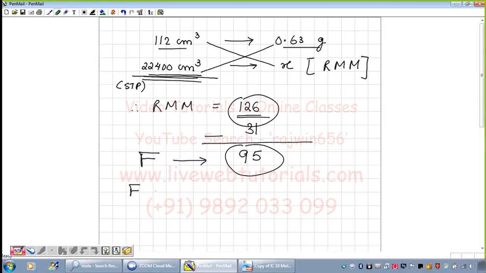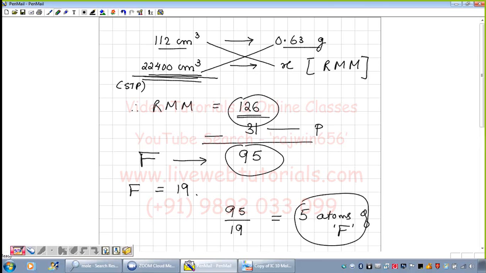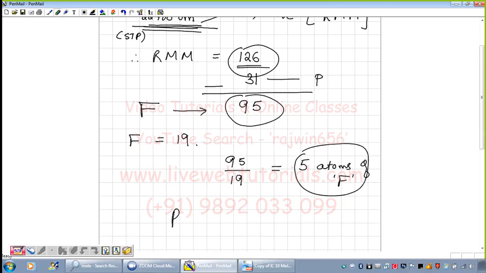Fluorine, the atomic mass is 19. So the number of fluorine atoms over here is going to be 95 upon 19, which is going to be 5 atoms of F. So the formula of its fluoride, there is 1 atom of phosphorus, there will be 5 atoms of F, so its formula is going to become PF5. Okay.